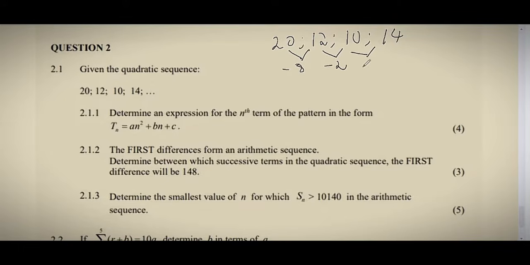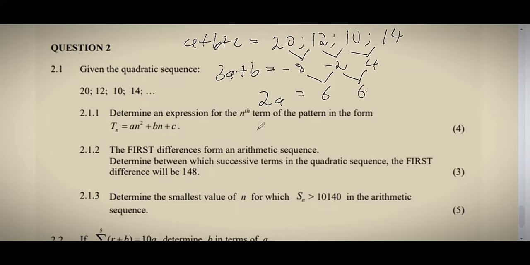And then this 14 minus -2 will be... that's +6, and then also here that's +6. Now to find our a value, let's equate this to 2a, equate this to 3a plus b, then equate this to a plus b plus c, right?